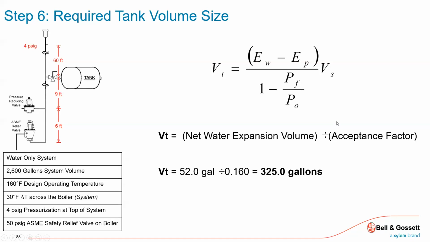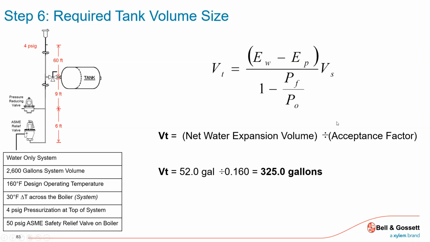That's because when I look at the two numbers I'm working with, I have a fill pressure or pre-charge of 30 on the tank, but only a very tight pressure range before I blow off my relief valve, which causes me to have a pretty large tank. So I have 325 gallons, not to accept 325 gallons of water.